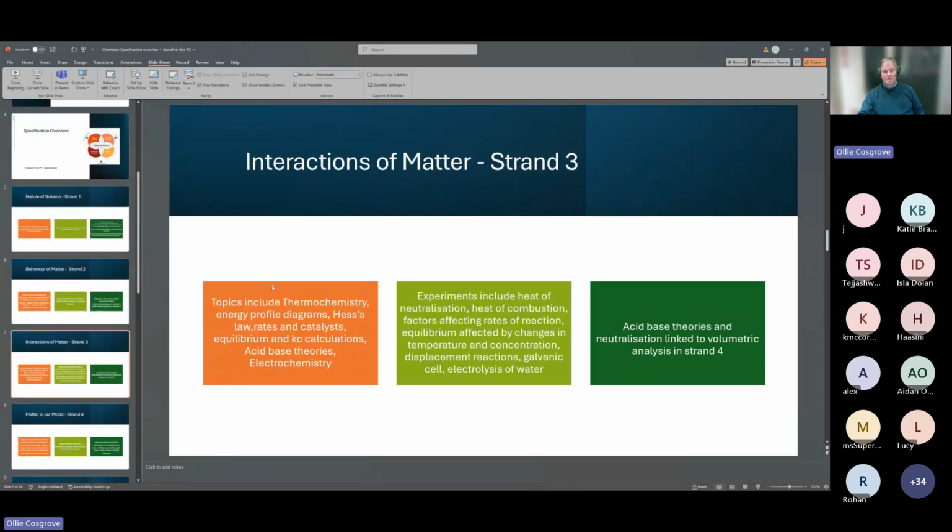Okay, so strand 3, again, you've got topics that were on the old course like thermochemistry, energy profile diagrams, which are connected to exothermic and endothermic reactions and rates. Hess's law, which is connected to thermochemistry.